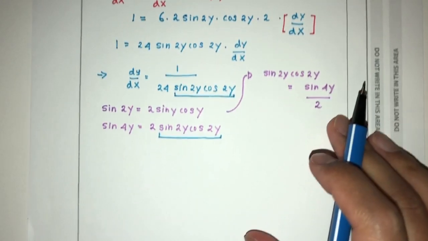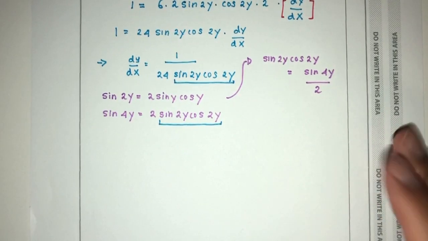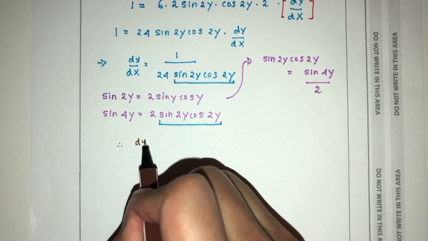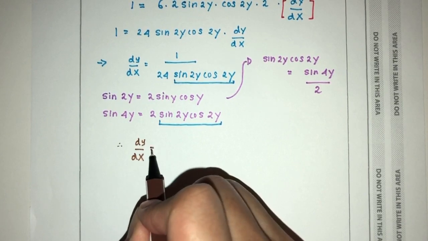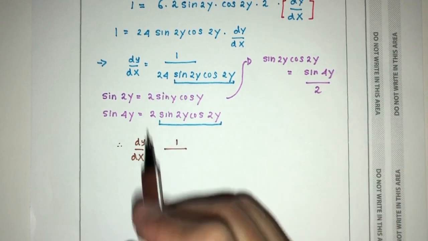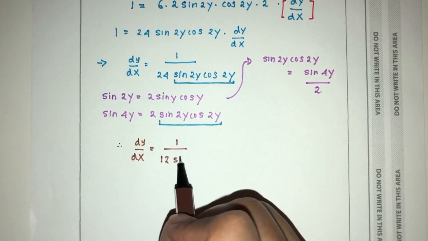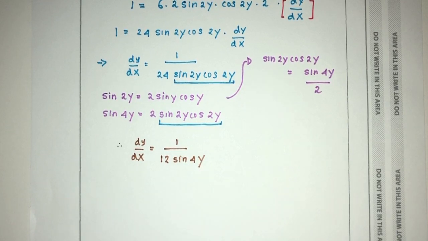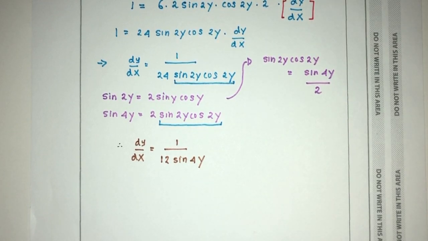So replace. So let's see, what do we have? dy by dx has to be 1 over, replace, you will have this, 12 sine of 4y. Okay, now let's see what we can use to find this answer.